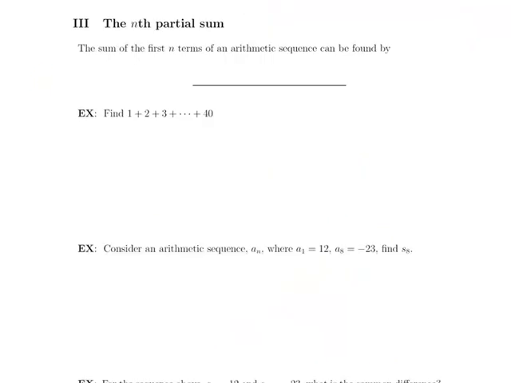Another type of question that we are often asked to answer when dealing with sequences and series is something called the partial sum, or technically the nth partial sum. All I mean by the nth partial sum is the sum of the first n terms of an arithmetic sequence. So, for example, if I were to write down S sub 1, meaning the first partial sum, that is just the first element of a sequence.